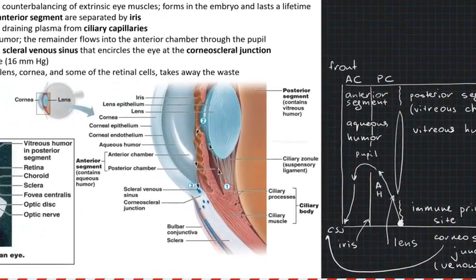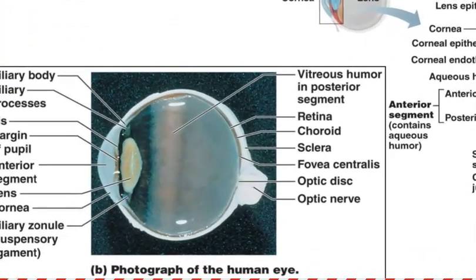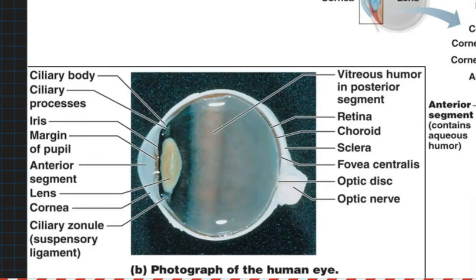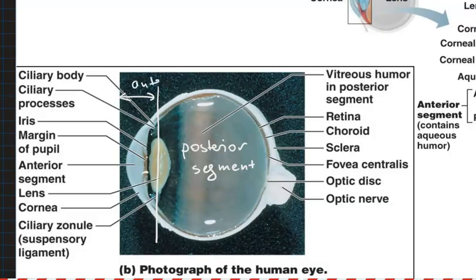Now, let's take a look at this image first. So this is lens, the structure. So this division here breaks it down into the posterior segment and anterior segment.